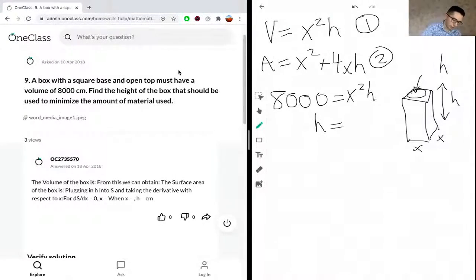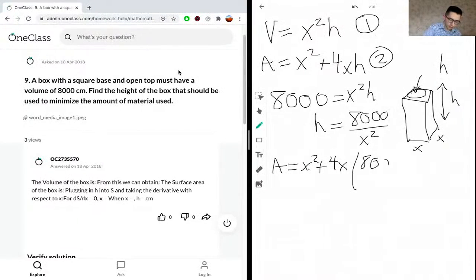So h is equal to 8,000 over x squared. Okay, we'll substitute this into equation 2. So we know area is equal to x squared plus 4x times 8,000 over x squared.